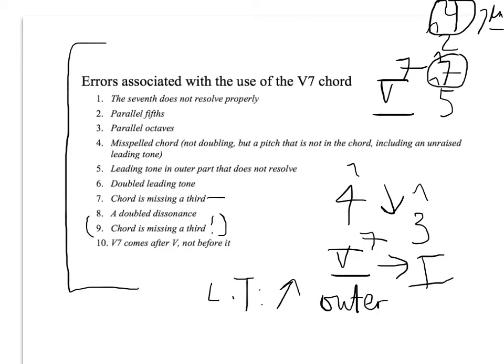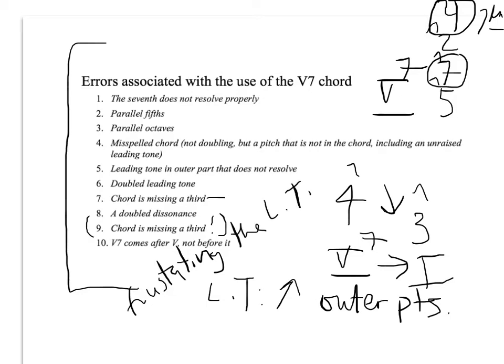In an inner part, we can bring it down, and when that happens, it's called frustrating the leading tone, because instead of going up to 8, it goes down to 5, and that can happen in an inner part. So here are the things that may not happen if you don't use the 5/7 carefully.